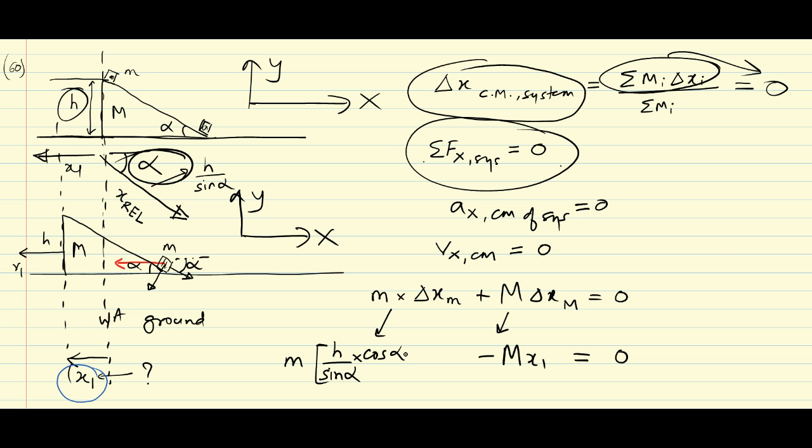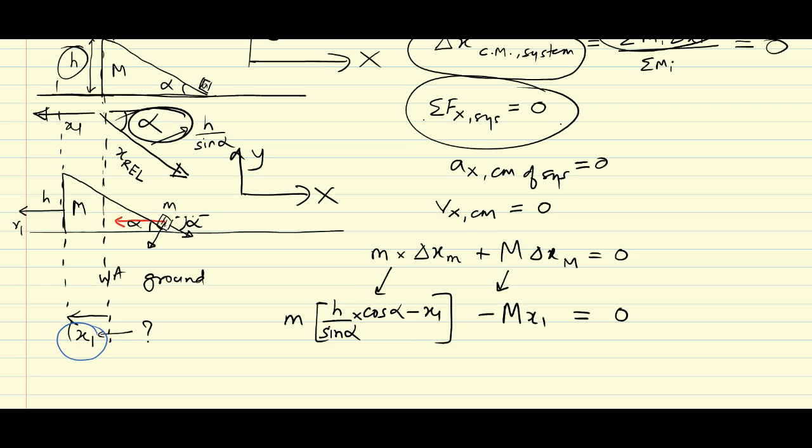That gives me the rightward component of x relative, minus, now x1 is towards the left, so minus x1, that's why it's minus. That is what small m into delta xm reduces to.